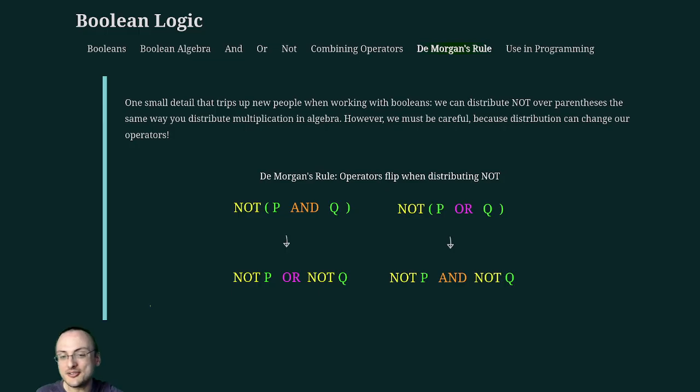By distributing out the not, we've turned it from, well, all parts of it have to be true, that I don't have to wake up early if this and that and that, into, well, I don't have to wake up early if it's not this, or it's not that, or it's not that. It actually flips it around.